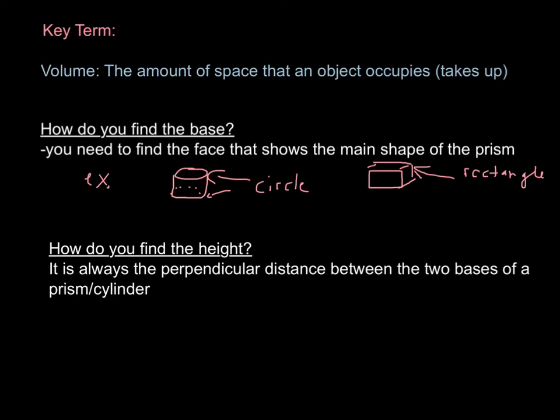Now, if we did rotate it on its side, this could also be a base and a base as well, depending on how you look at it, okay? But it definitely is a rectangle because of the two bases. Same thing would go for a triangular prism.